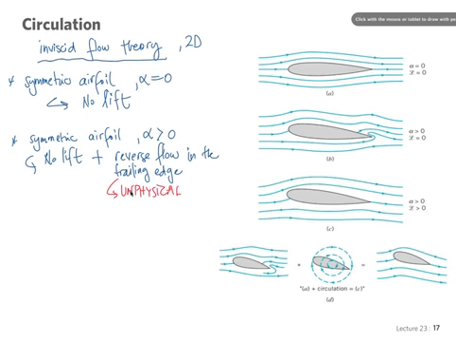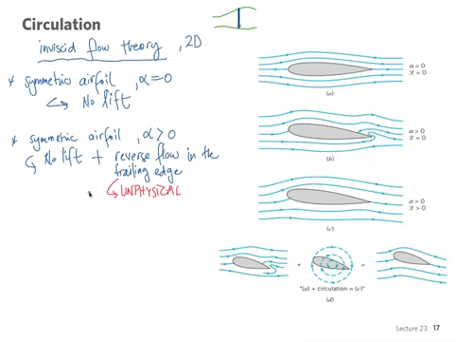We know from observation that whenever we have a sharp edge, separation has to occur there. Remember when we were talking about the flow around a sharp plate, and we said the flow has to separate at the sharp edge when you have a flat plate perpendicular to the fluid, to the flow. And that applies as well in inviscid theory. So really, separation has to occur on the trailing edge.